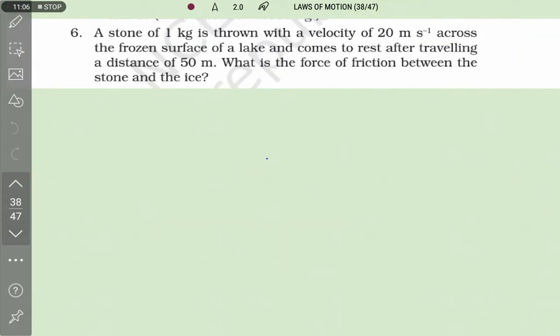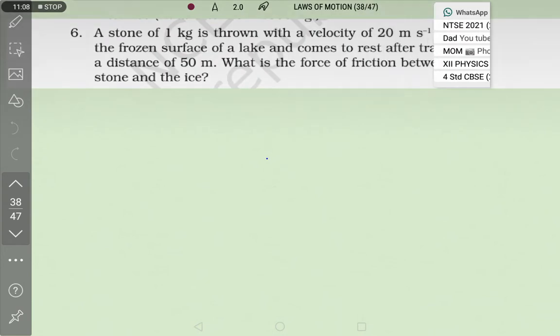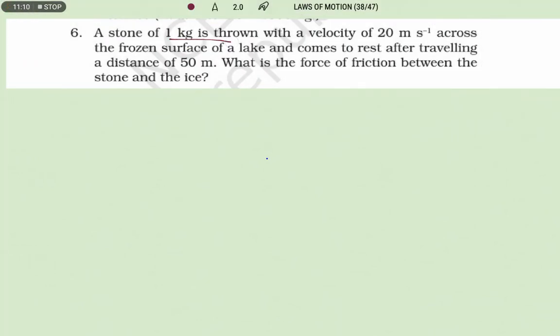Let us see the next one. A stone of 1 kg is thrown with a velocity of 20 meter per second across a frozen surface of a lake and comes to rest after traveling a distance of 50 meter. So on the surface of the frozen lake a stone is thrown.